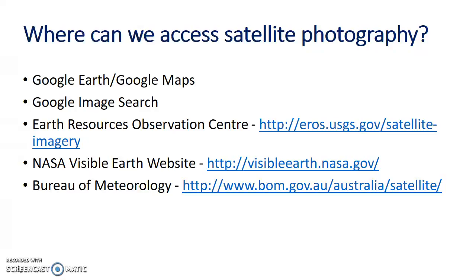If you'd like to check out some websites where there's a range of satellite photos, you can always go to the Earth Resources Observation Center that's run by the US government, the NASA Visible Earth website, and even the Bureau of Meteorology has a range of satellite images, which of course we see often on the television when we look at a weather broadcast. So there's lots of places where we can actually go to access those resources.